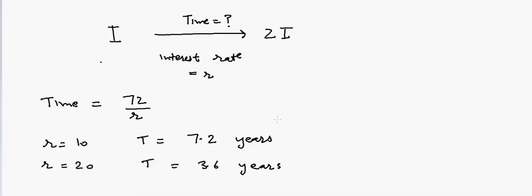So how does this rule work? Let's try to solve this problem in a regular way. Suppose we have investment I, and we have interest rate 1 plus r.